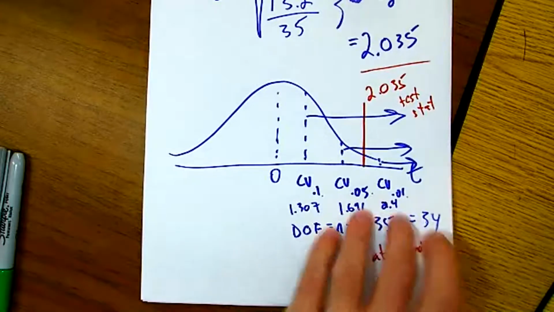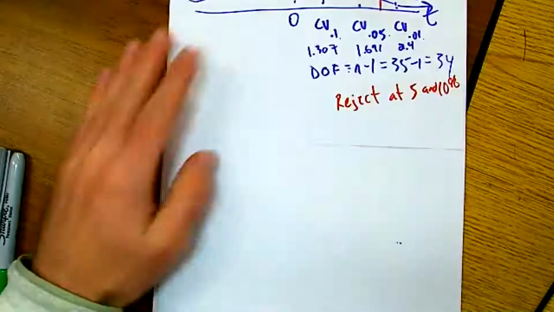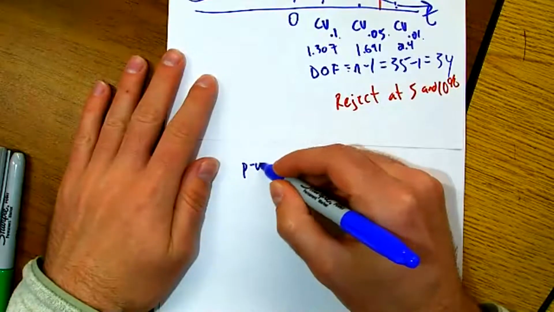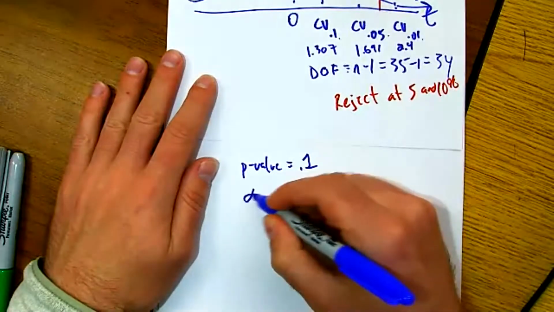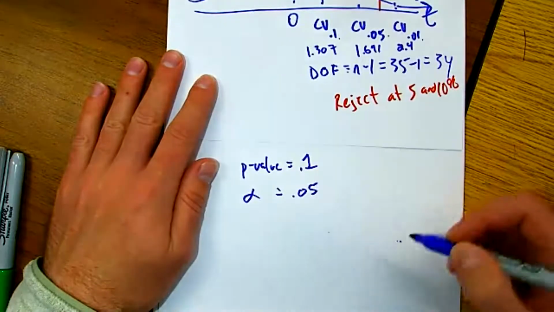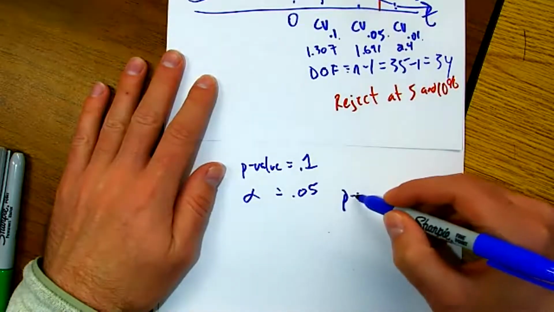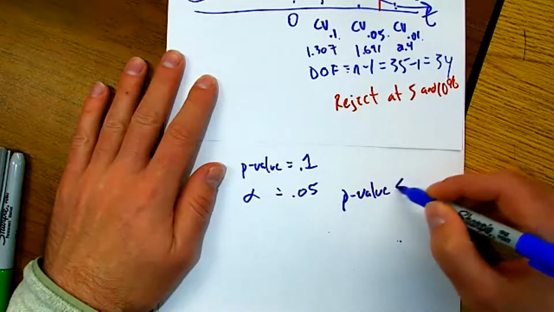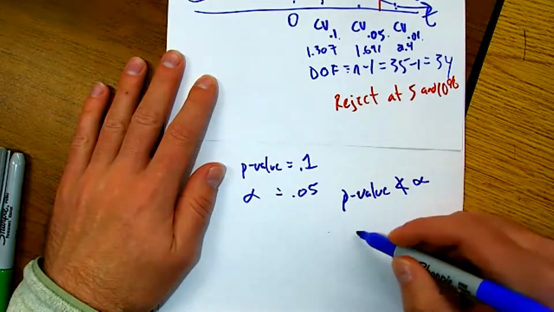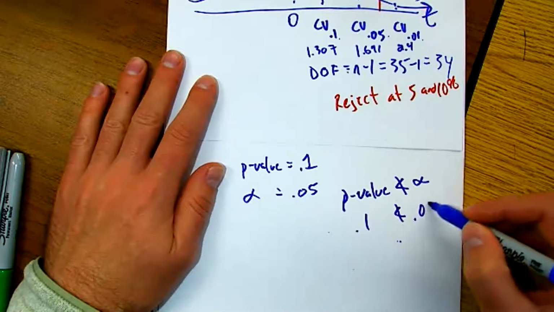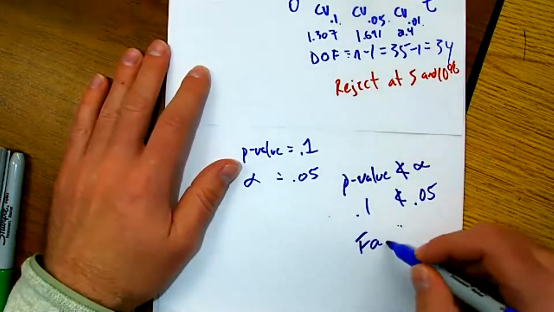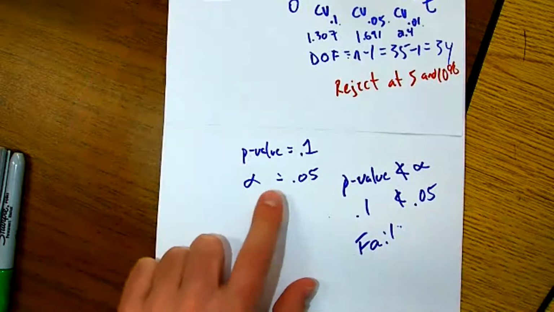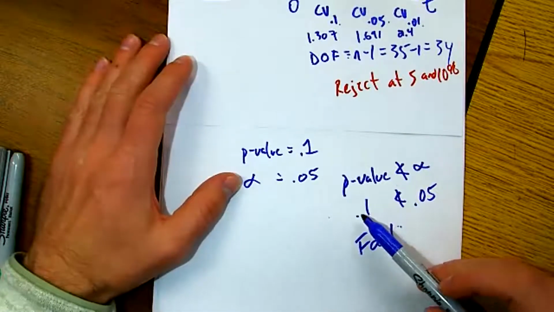So if my p-value is 0.1, the alpha I was given is 0.05. My p-value is not less than alpha. So if my p-value is not less than alpha, I'll fail to reject. Actually, it's because I changed the test.